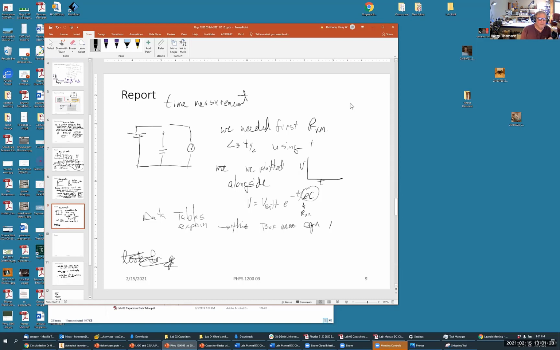Using this equation and this technique. And this circuit.